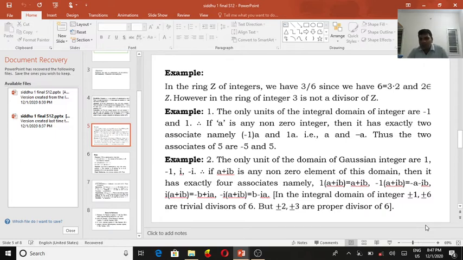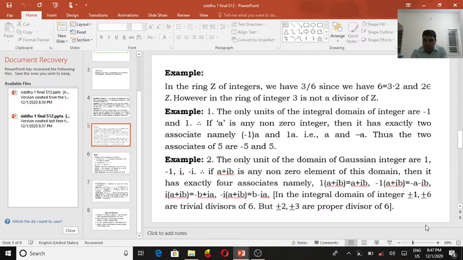In an integral domain, again I come to the divisibility conditions. What's a proper or improper divisor? Suppose we take 6. What are the divisors of 6? Plus or minus 1 and plus or minus 6 are trivial divisors, simply called improper divisors.